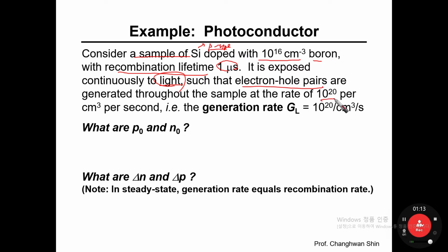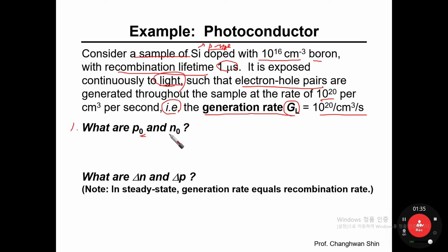So every single second, per cubic centimeter, 10^20 electron-hole pairs are created by light. In other words, the generation rate G_L is 10^20 per cubic centimeter per second. Okay, question number one is, what are p_0 and n_0?